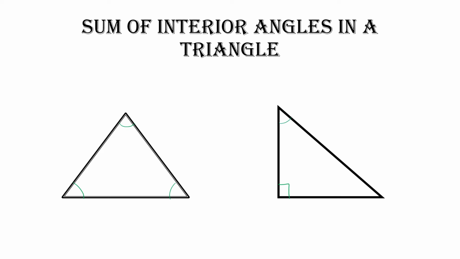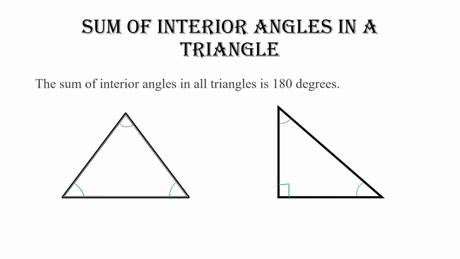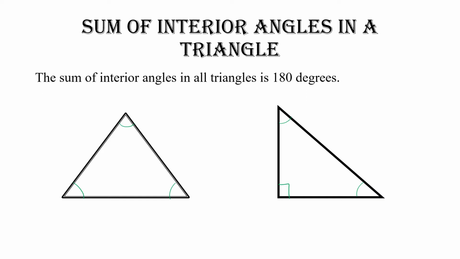There are two experiments that you could use to figure this out on your own, but we're on YouTube, so I'll just tell you. All the angles in a triangle add up to 180 degrees. Always, always, always. You cannot get more, you cannot get less. When you add all three angles, each and every angle, you will always get 180 degrees.